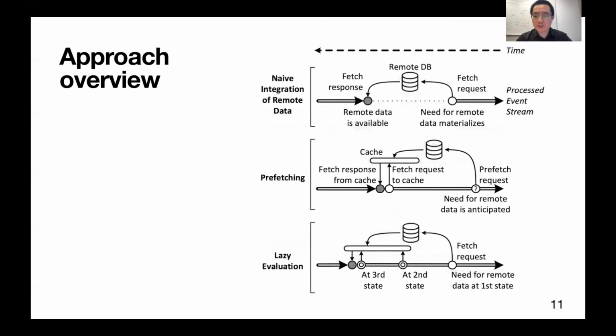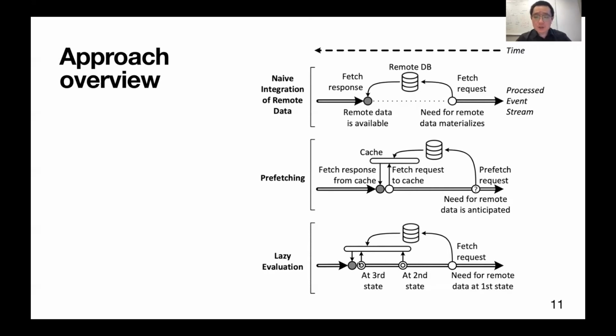Lazy evaluation, on the other hand, does not make predictions of fetch requests at all. Instead, it only initiates a fetch request when the remote data is needed. However, it does not stop stream processing. Instead, it relaxes the query predicates and postpones the evaluation of remote data until the remote data has been returned from the remote database.